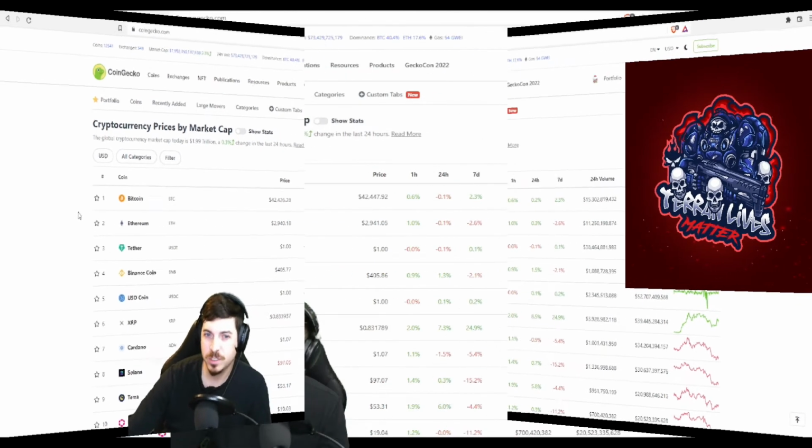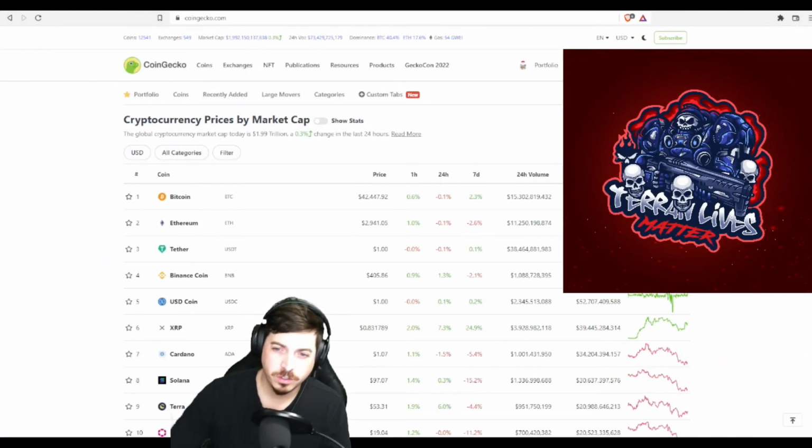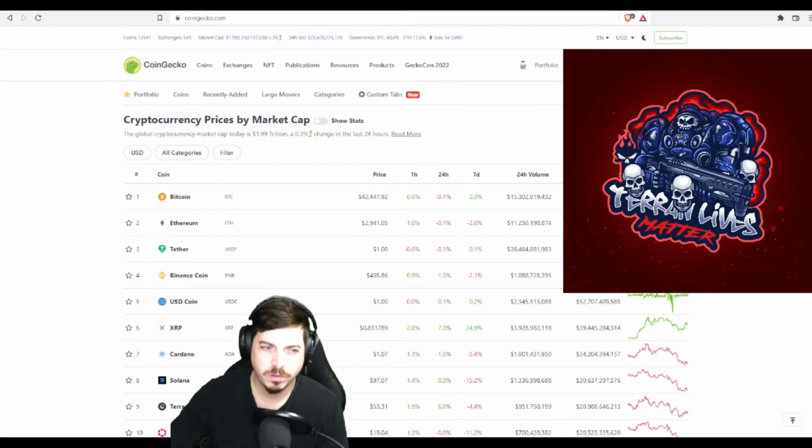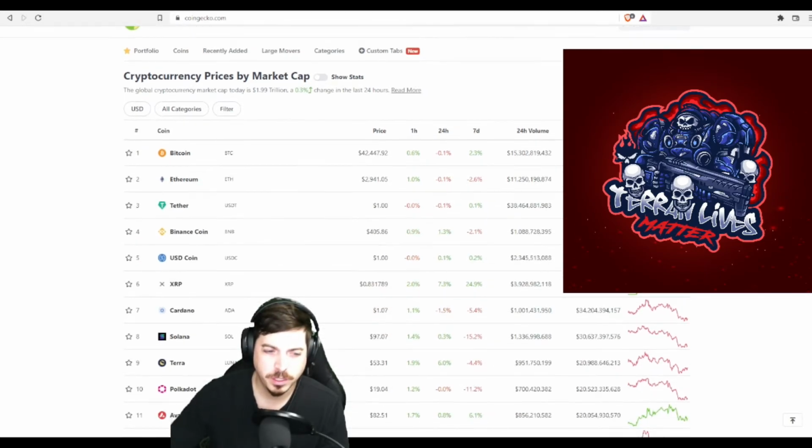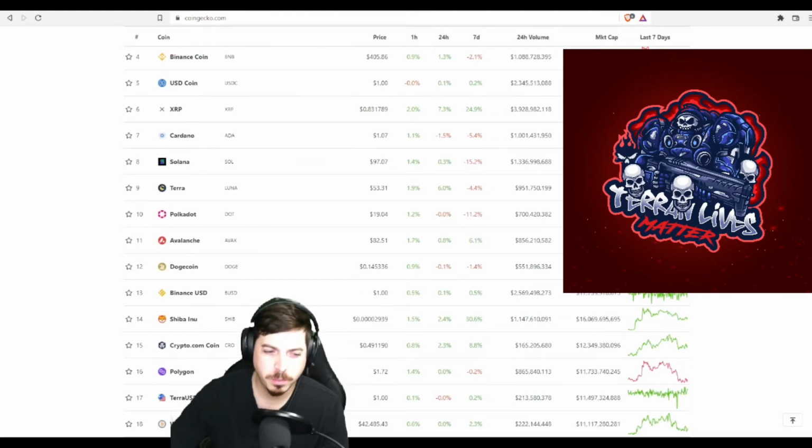I probably wouldn't start a bot in any coin under 500 or over 500. I mean, stay within the first four or 500 market cap coins, and you'll probably be pretty safe. And again, the lower the better, or the higher rank on the list, the better.